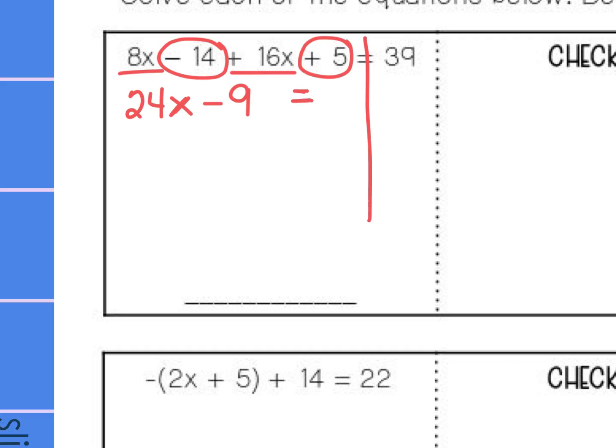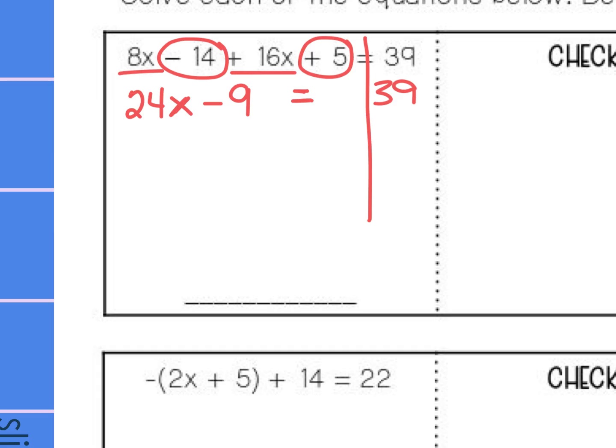Now, I'm going to tell you, most of you remember after we get going, you're like, oh, I remember doing this in 8th grade. And you're really good at the steps. And your signs are going to get you, okay? So please, please, please, if you are not very good with your integer rules, and that's okay, please put it in the calculator to double check, because I would hate for you to put a positive 9 here and do all your steps correct, but because you had that one sign wrong, it messed up your whole problem.